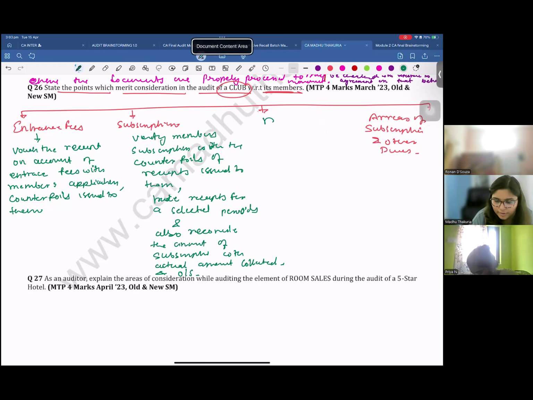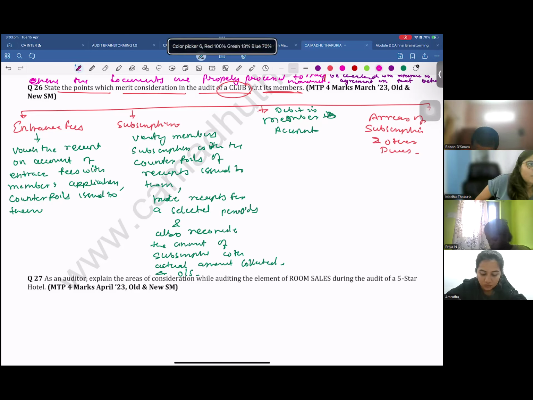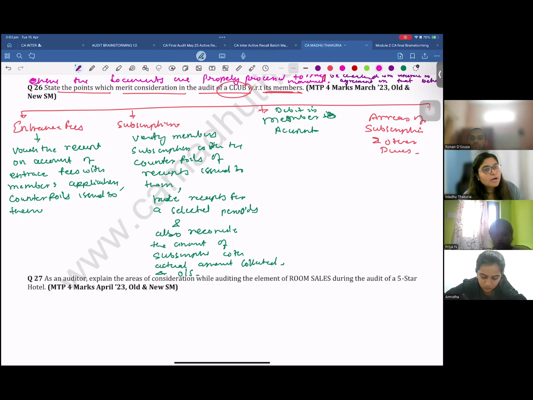In terms of member, you have to verify the debit in members account. So, for example, for a particular month, a member of the club received a lot of services. So make sure if that club has a system of debiting it to the member on a monthly basis, so please verify if the debits in their accounts are already done.